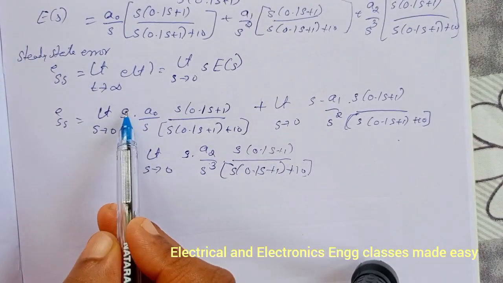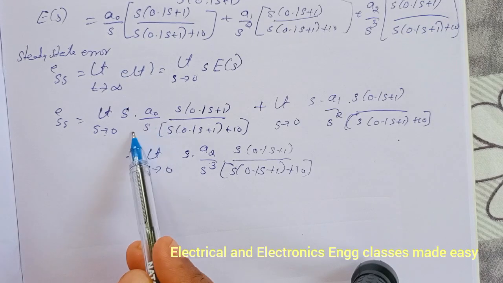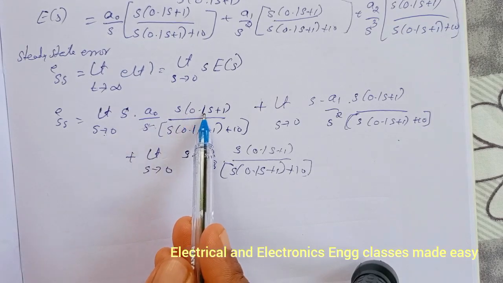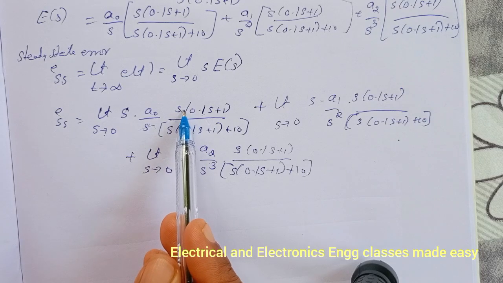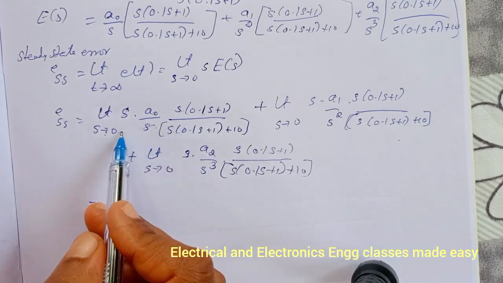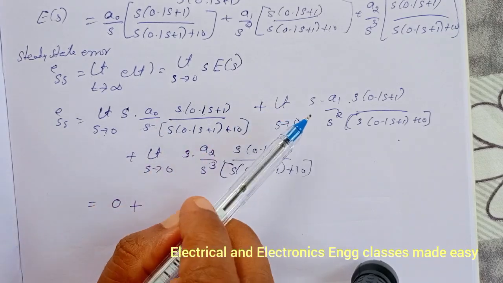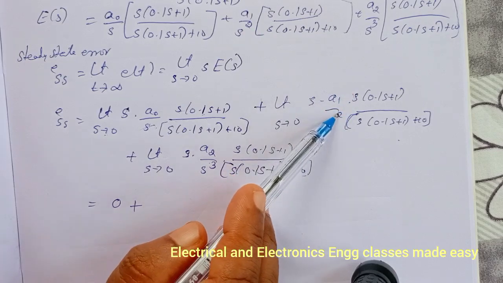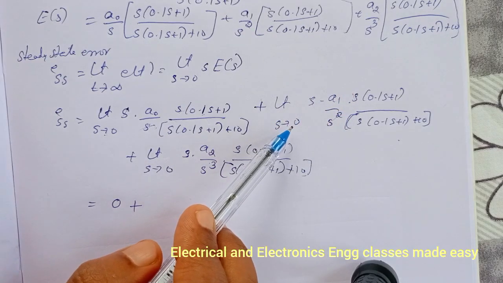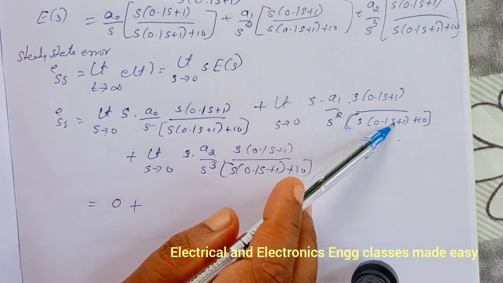So here we can cancel this S, and after applying the limit S tends to 0, here we get 0 because here there is S. So first applying the limit we get 0, then plus, here we can cancel these two S, and after applying the limit we get here 1, then here 10.